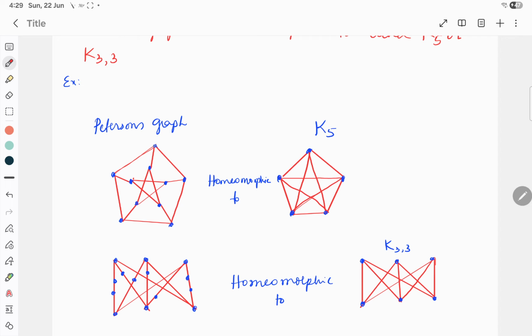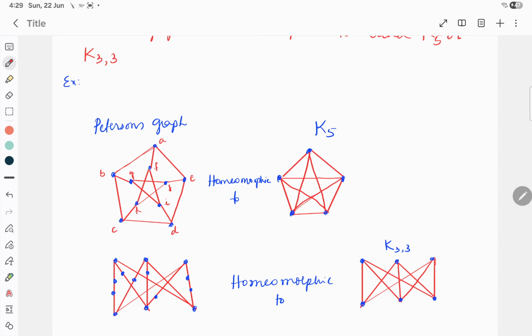Let me label these vertices A, B, C, D, E, F, G, H, I, J. Now A, F, H can be considered as an edge by just removing this vertex F.